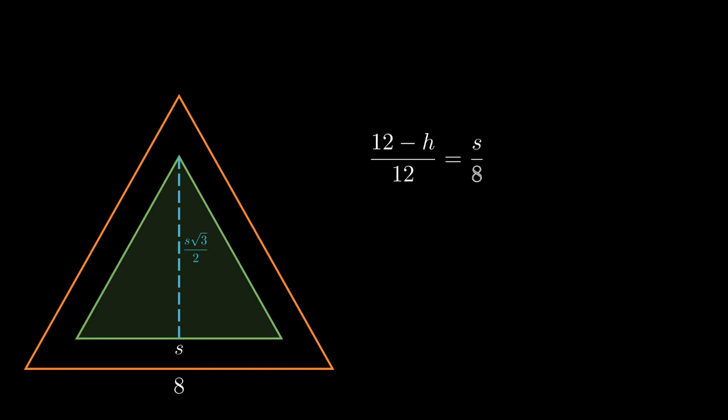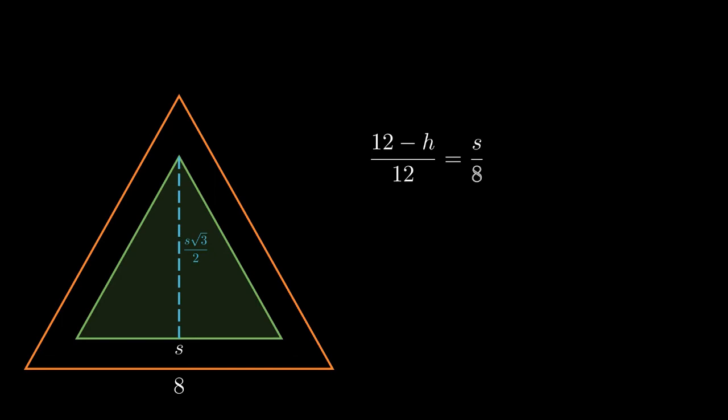Because of similarity now, S is the side of the small pyramid. So that also changes with h. And it's by similarity, right? The proportion of the small height to the big height is equal to the small side to the big side.